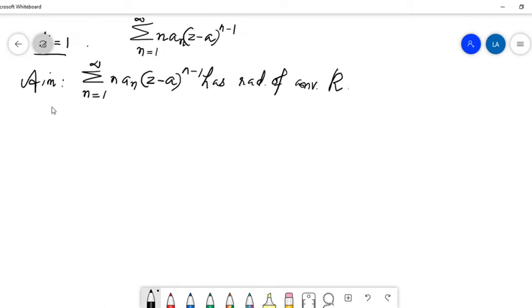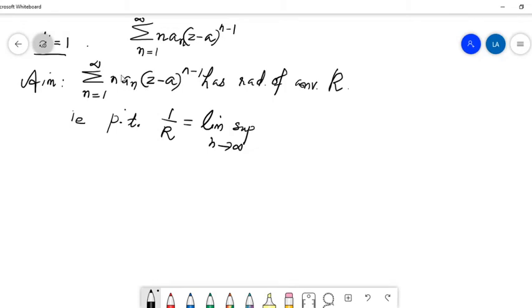So our aim is to prove that 1 by R is equal to limit supremum as n tends to infinity. Instead of a_n as in the earlier series, here we have the coefficient n into a_n, which is the coefficient of the term with power n minus 1.